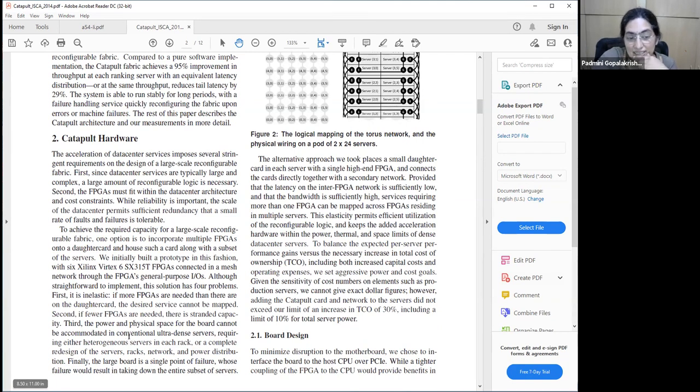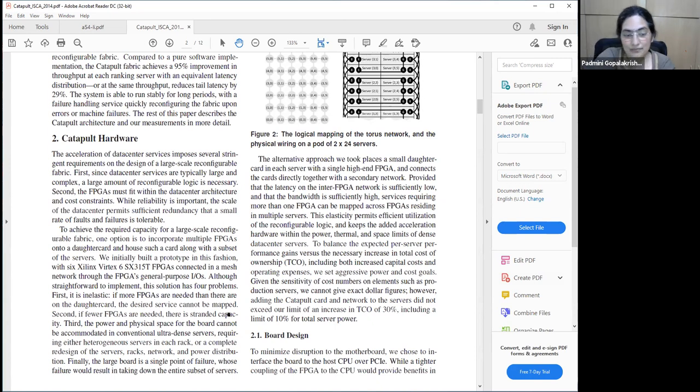And then you also have to design the board in such a way that it is easy to accommodate in a traditional server rack. Otherwise, the person who's running the data center has to basically redo their entire data center design, including the racks, the network, the power distribution, the cooling, everything.